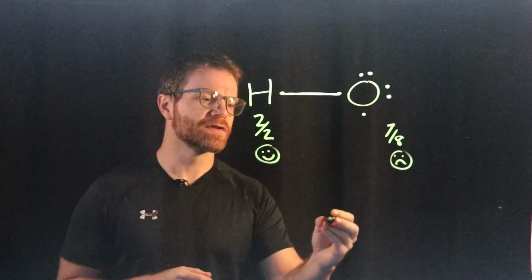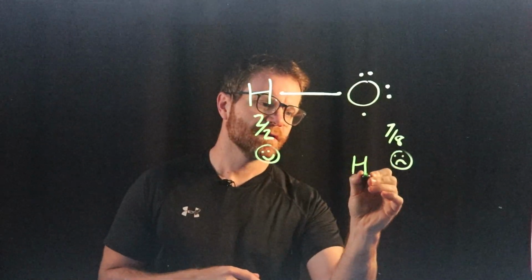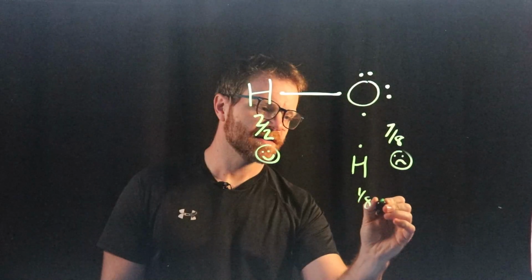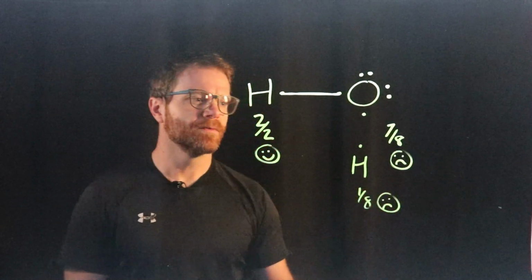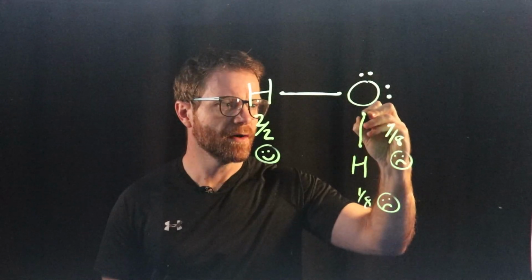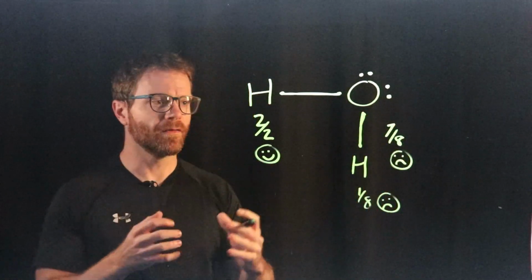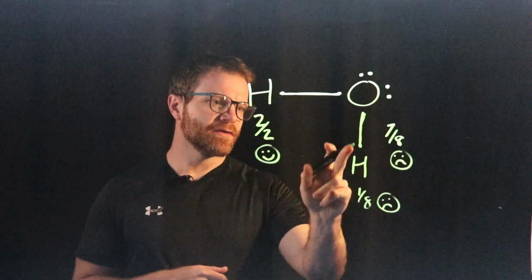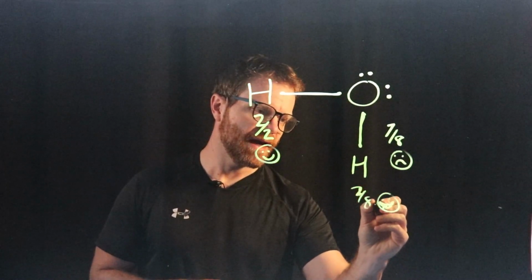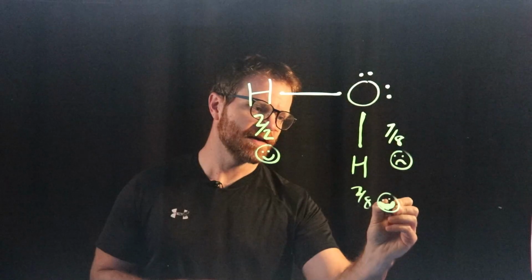There's other hydrogens floating around. So let's add another hydrogen here. This hydrogen has 1 out of 8 valence electrons, and so it's unstable. But if the oxygen and the hydrogen each share with each other, we draw that as a covalent bond. And now this hydrogen, just like this other hydrogen, has access to 2 out of 8, and it's happy. That's kind of a creepy looking face, but there we go.